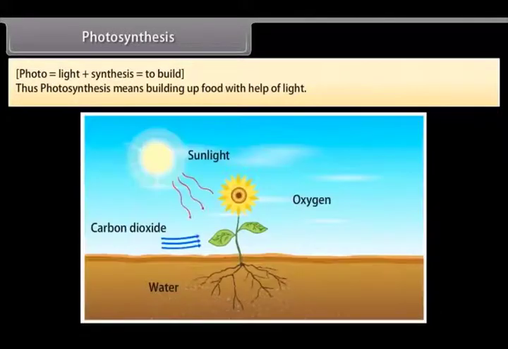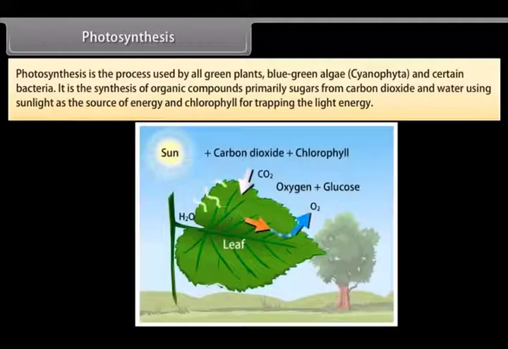Thus, photosynthesis means building up food with the help of light. Photosynthesis is the process used by all green plants, blue-green algae, cyanophyta, and certain bacteria. It is the synthesis of organic compounds, primarily sugars, from carbon dioxide and water, using sunlight as the source of energy, and chlorophyll for trapping the light energy.